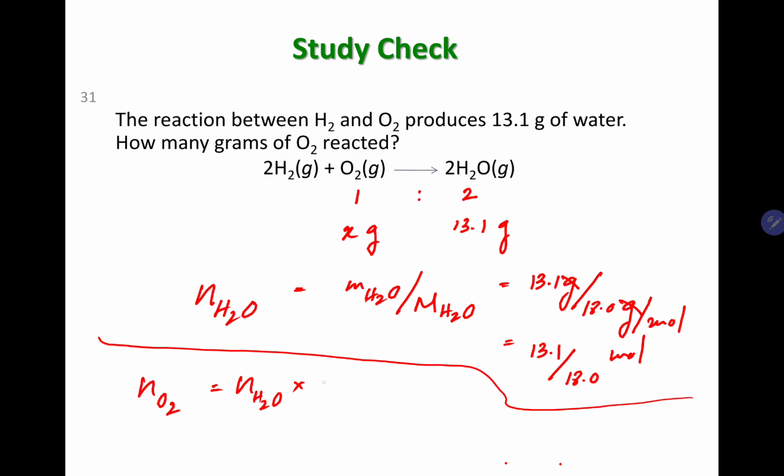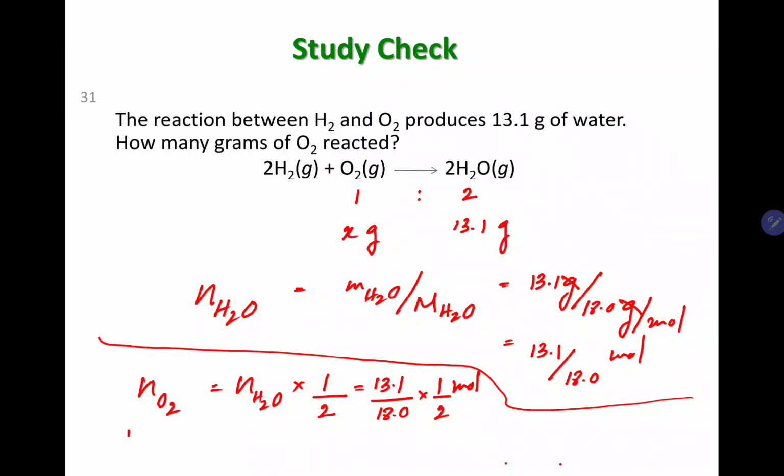You want to figure out oxygen, so the coefficient of oxygen should be on top and the coefficient of water at the bottom. So that is how you do it. So 13.1 divided by 18.0 multiplied by 1/2. Okay, so now we have the moles of oxygen.